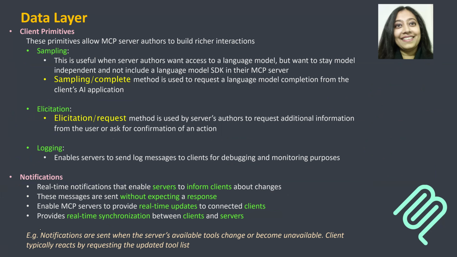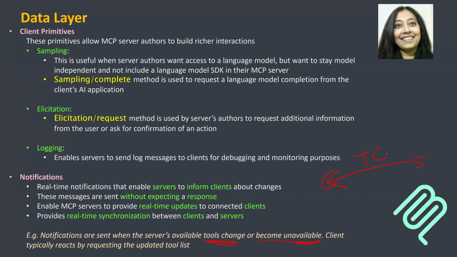So remember, it's one-way traffic. No response is expected. For example, a notification is sent by the server to its clients, informing them about available tools changing or certain tools becoming unavailable. So the server is informing the client that I have a tool change.